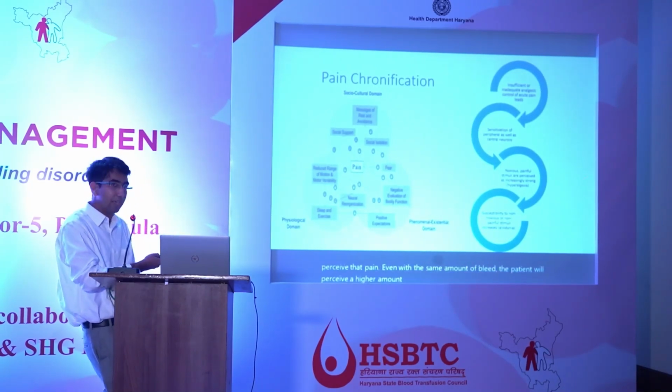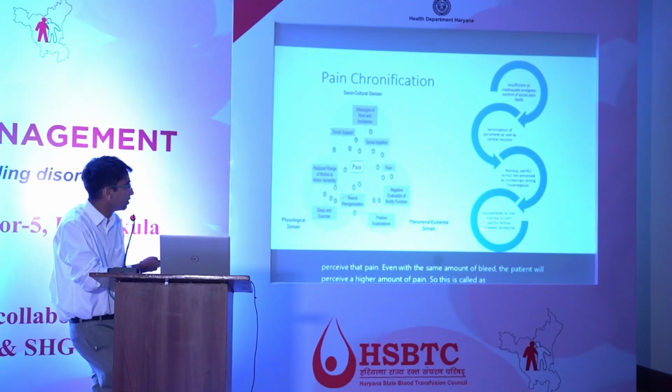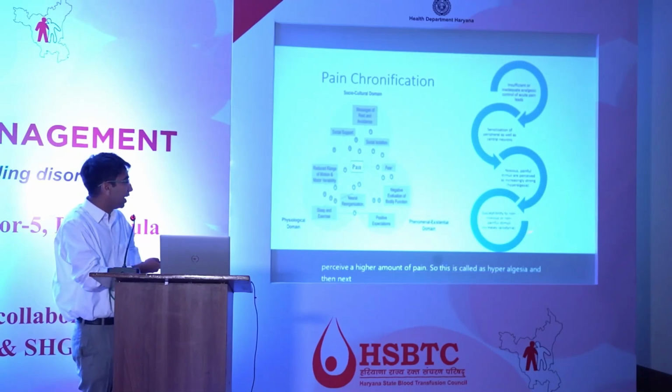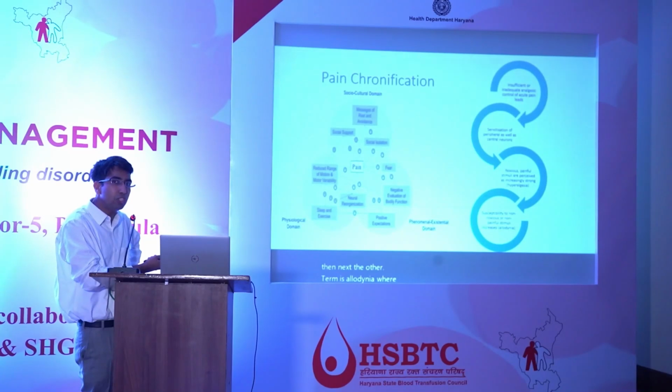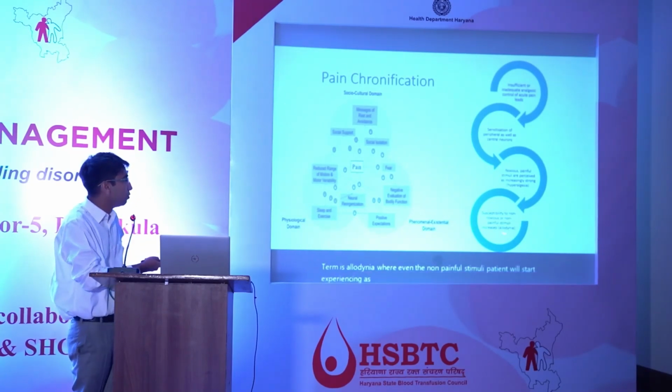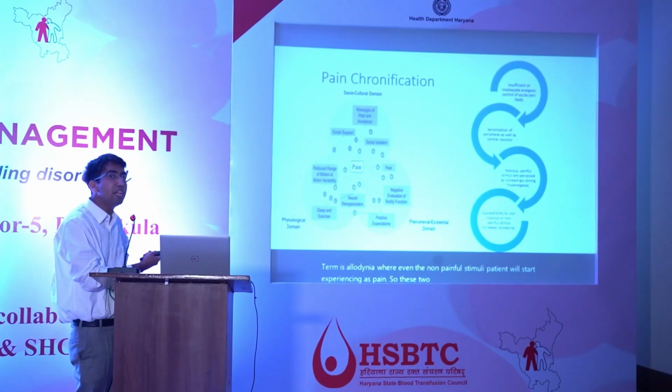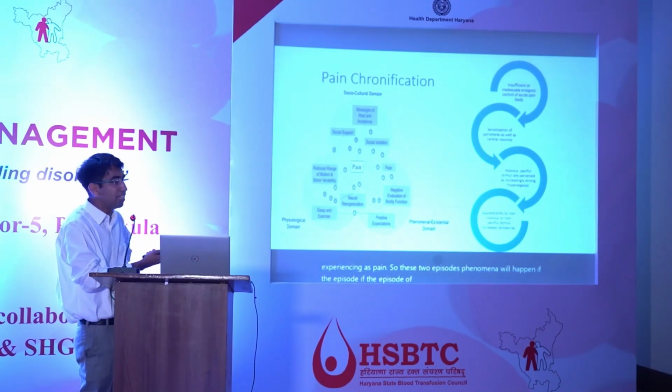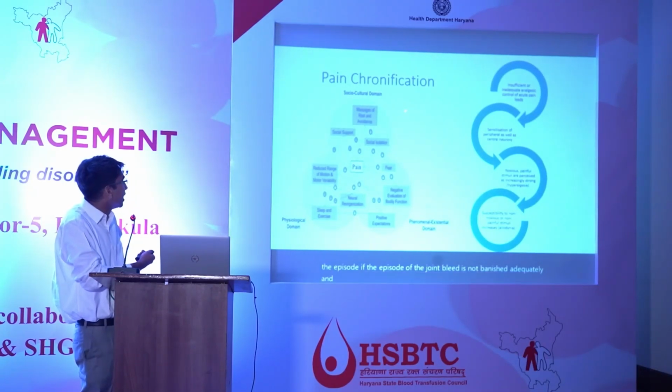This is called hyperalgesia, and the other term is allodynia, where even non-painful stimuli the patient will start experiencing as pain. These two phenomena will happen if the episode of the joint bleed is not managed adequately. And this pain in turn leads to a cascade of rest and avoidance.